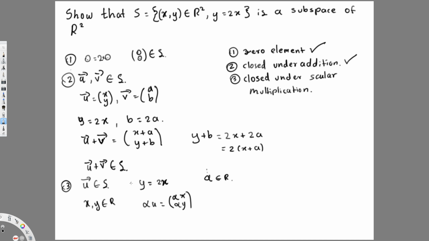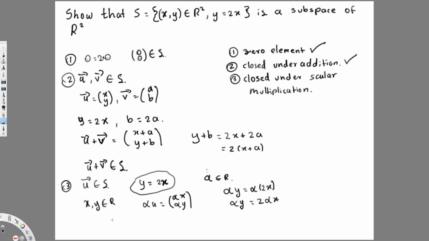So I'm multiplying this equation by alpha, and it becomes alpha y is equal to 2 alpha x. So it becomes the same: alpha y is equal to 2 alpha x.